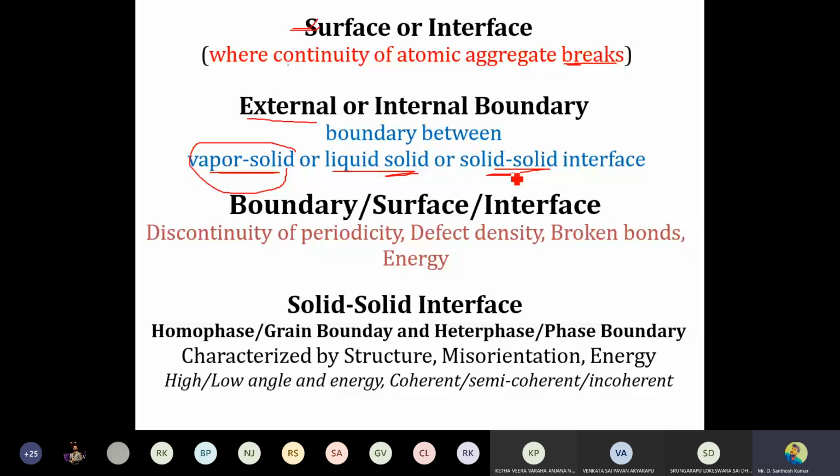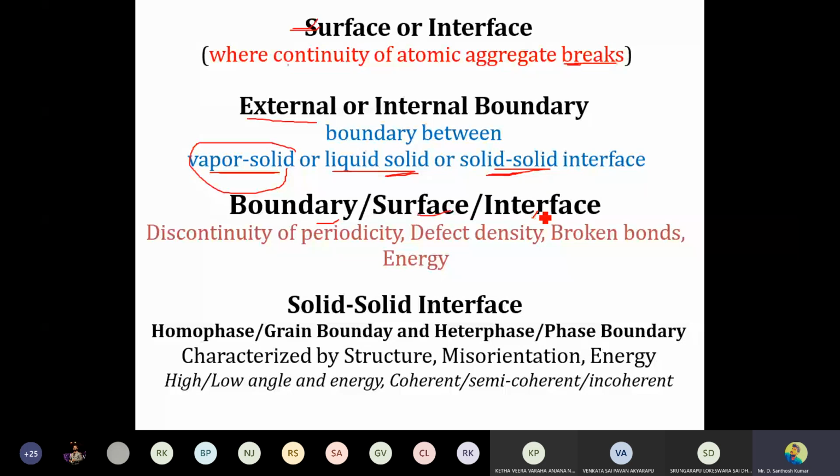Okay. So here, boundaries are surface interface. They essentially lead to the fact that there is a discontinuity of periodicity.